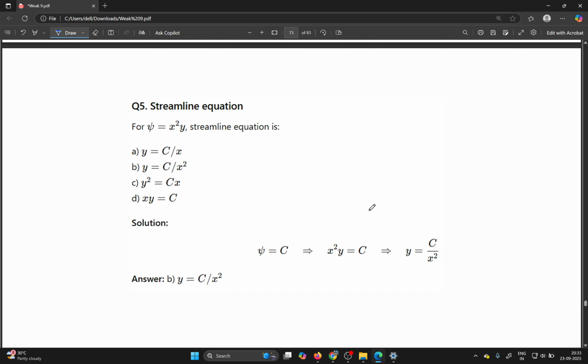Streamline equation is nothing but, from the concept, a streamline has a psi value that is constant everywhere. Or one thing you can say, a line having the same stream function value at every point, or it is nothing but the contour of the same stream function values.